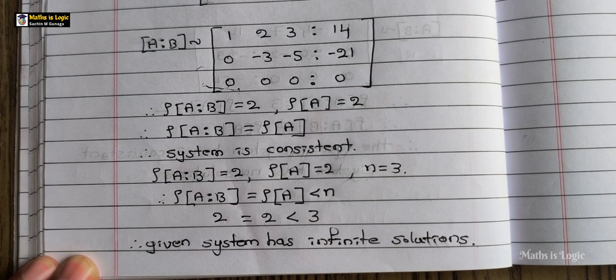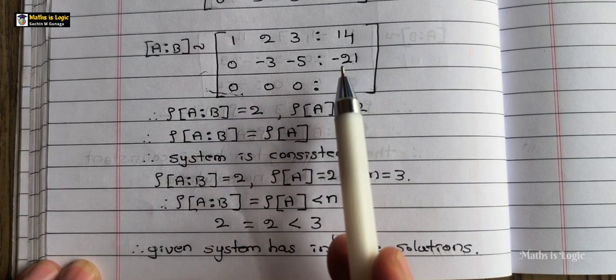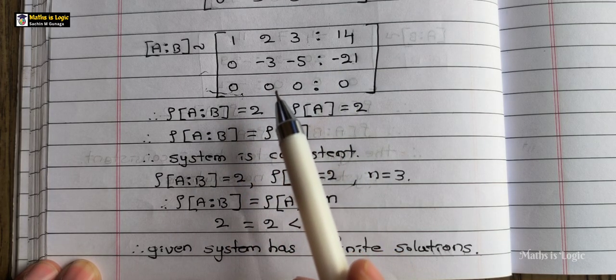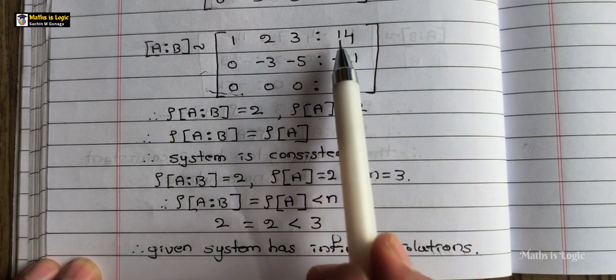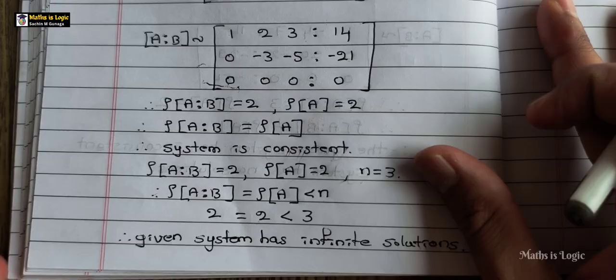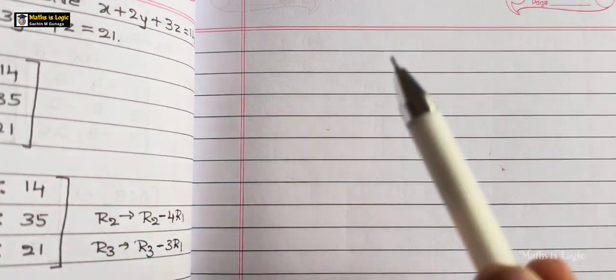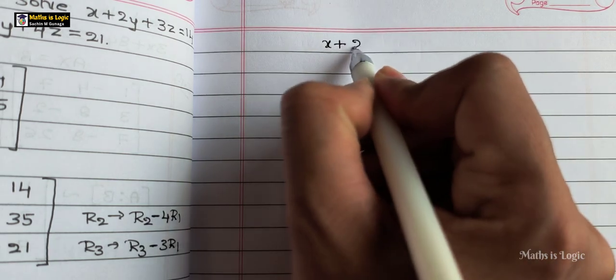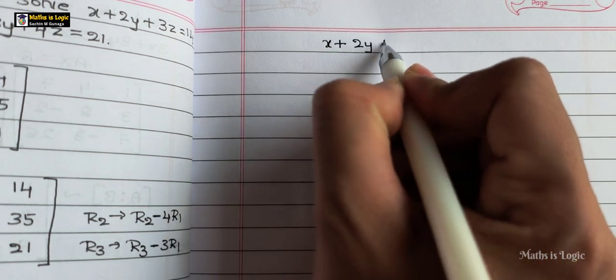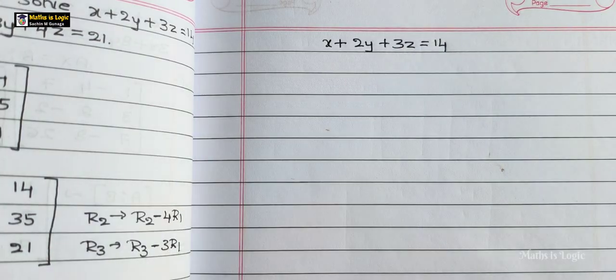Now to get that infinite solution, first we need to write this augmented matrix in equation form. The first row 1, 2, 3, 14 can be written as x plus 2y plus 3z is equal to 14.